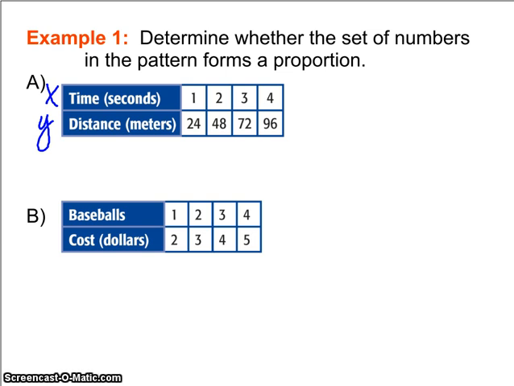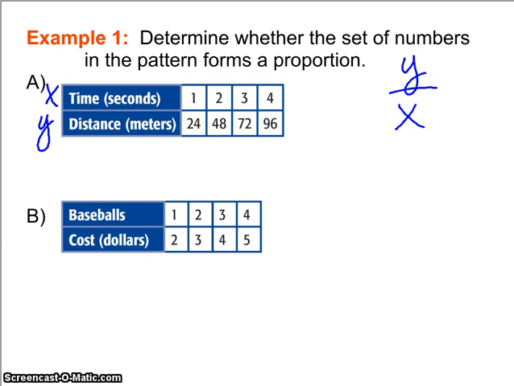Let me backtrack here. This particular example just wants you to determine whether there is a proportion here. In other words, if you treat these like ratios, are they equivalent?